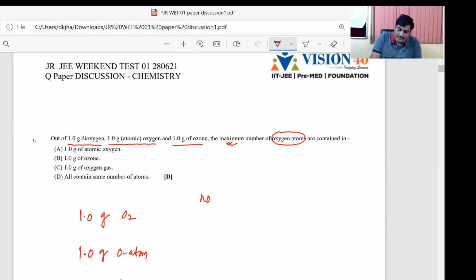Number of moles we can find as 1.0 by 32. This is the number of moles of oxygen.